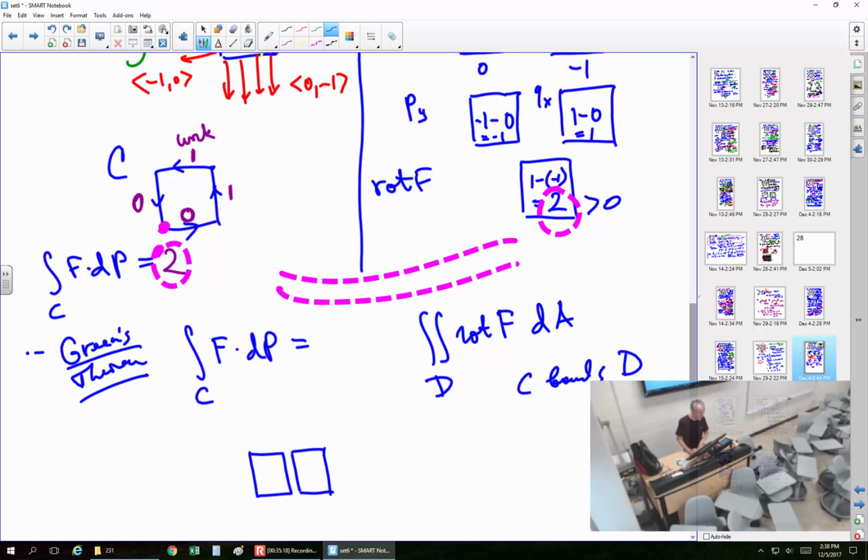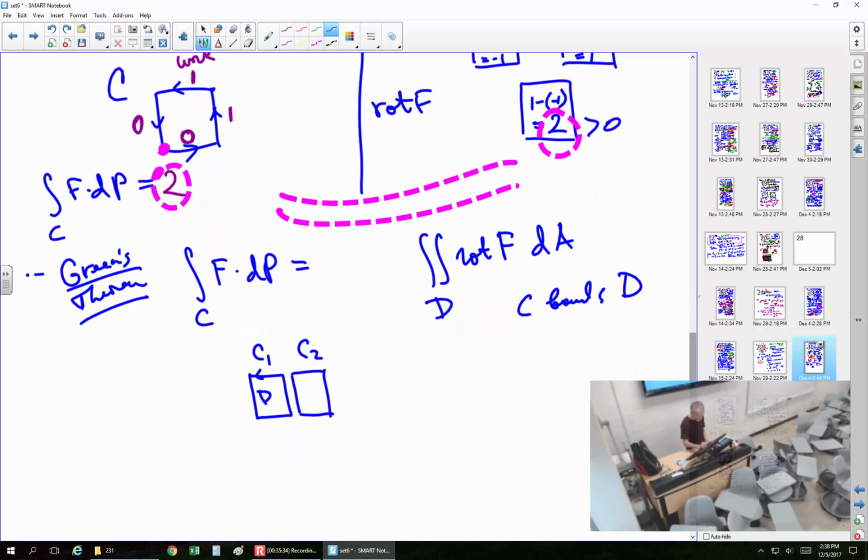So that's why it worked out so simply, because the original was so simple. Now we make one step away from this extremely simple situation. We have two. So this might be C1 and this is C2. And this is D1 and this is D2, and for each of them, this equality is satisfied.